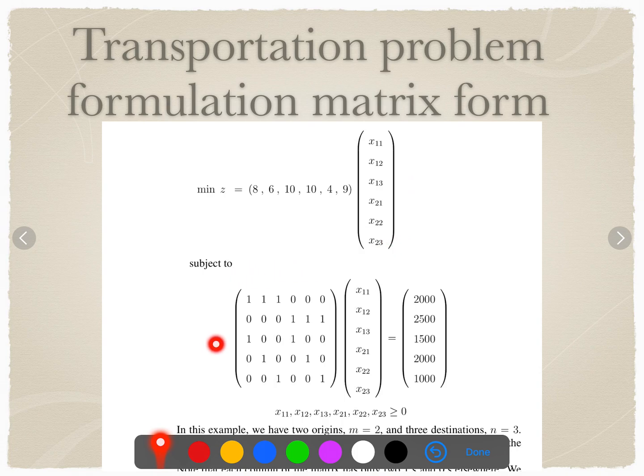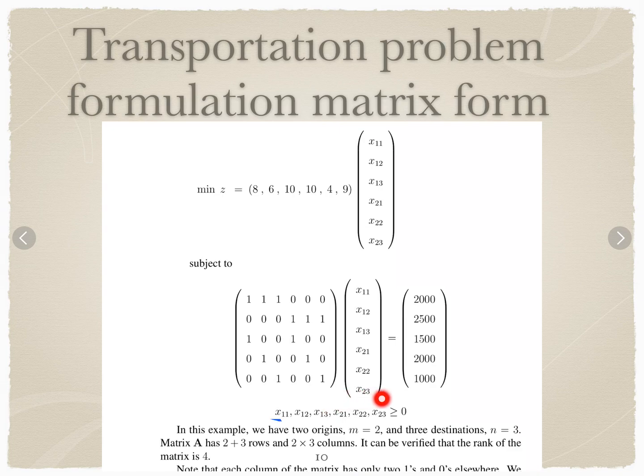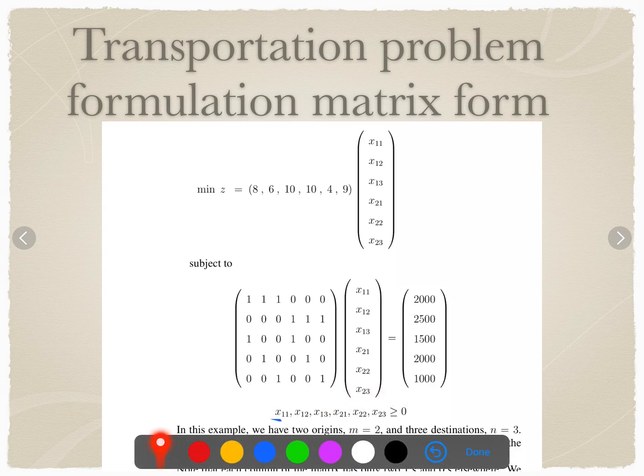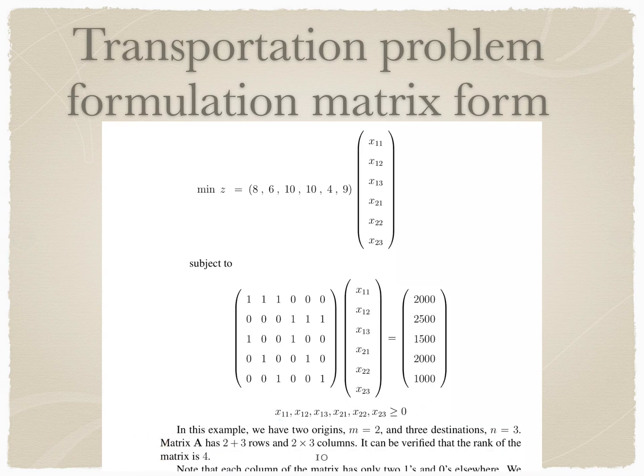This is the cost vector, these are the decision variables, these are the right hand side of the constraints, and these are the non-negativity constraints.